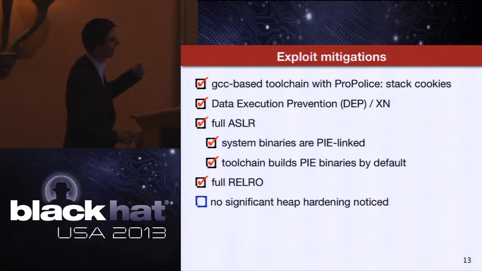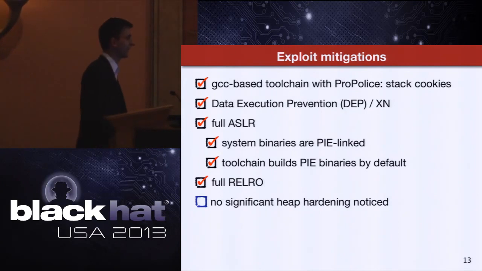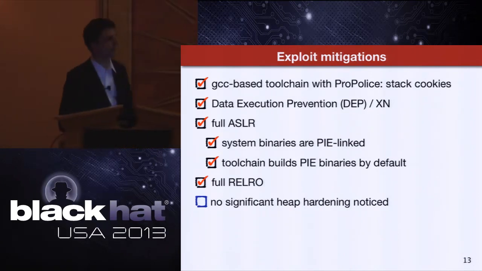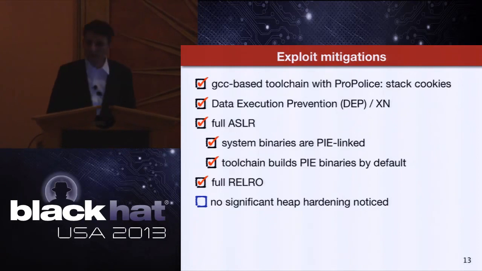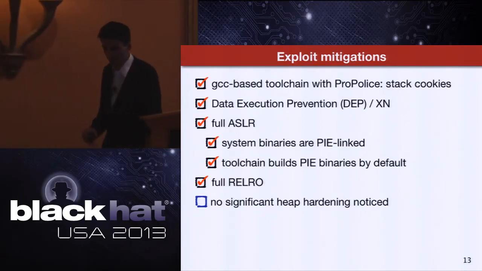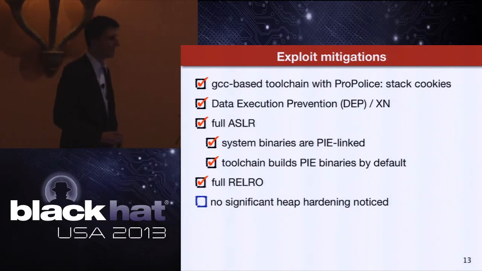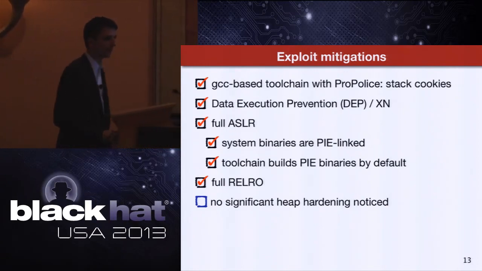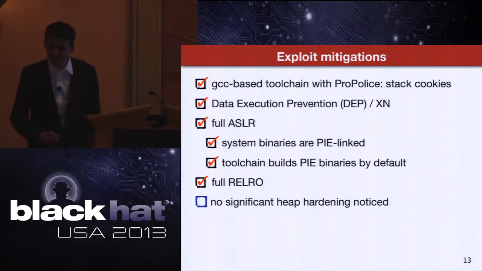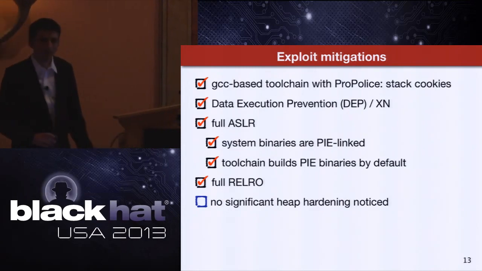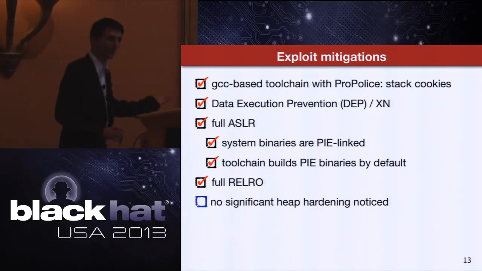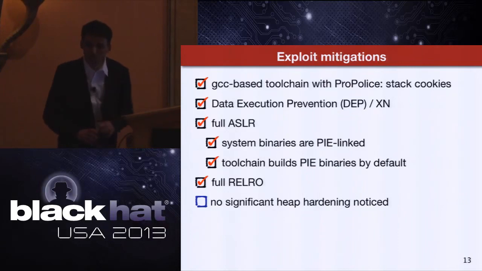They have full ASLR, so the system binaries are PIE-linked. The toolchain also builds PIE binaries by default, and they have full RELRO on the ELF binaries. I didn't notice any heap hardening. I had expected some, but there doesn't seem to be any at the moment.